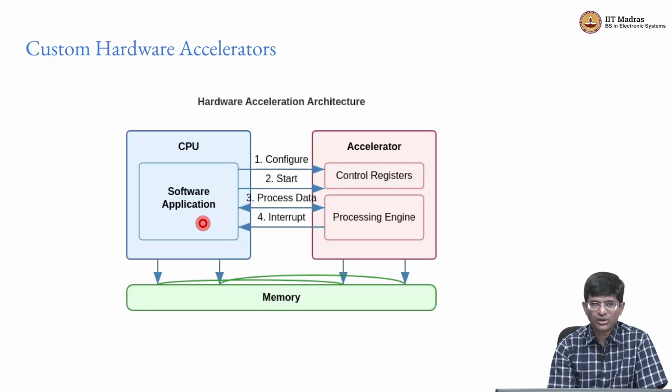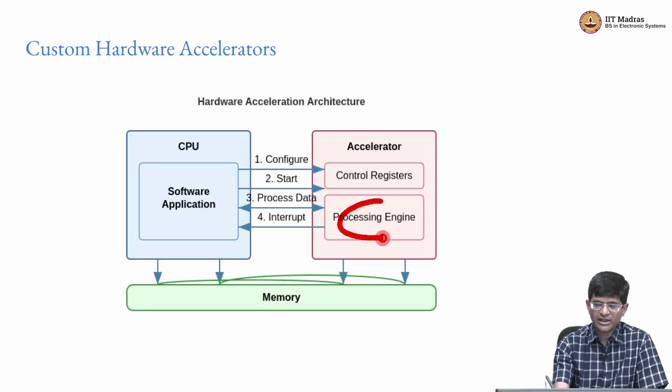So what you would like to do is build a custom piece of digital logic that can perform this computation. Presumably, unless it's an extremely simple computation, it's going to require you to pull in some new data, perform some computations, and will most likely have some fairly complex processing engine or some finite state machine based control. That's going to run inside your accelerator block.